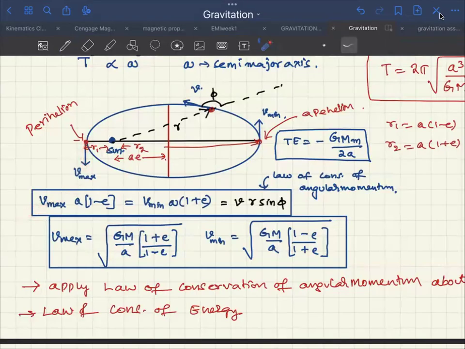V max into A into 1 minus E is V minimum into A into 1 plus E. At this point, velocity is V. At this point, if this makes an angle phi, R bar cross MV bar becomes RV sin phi. M cancels, M is cancelled everywhere.